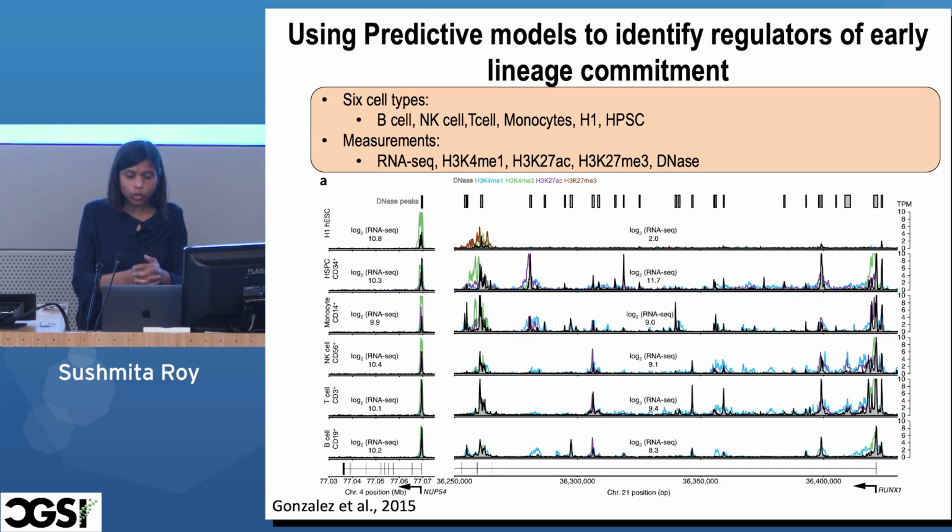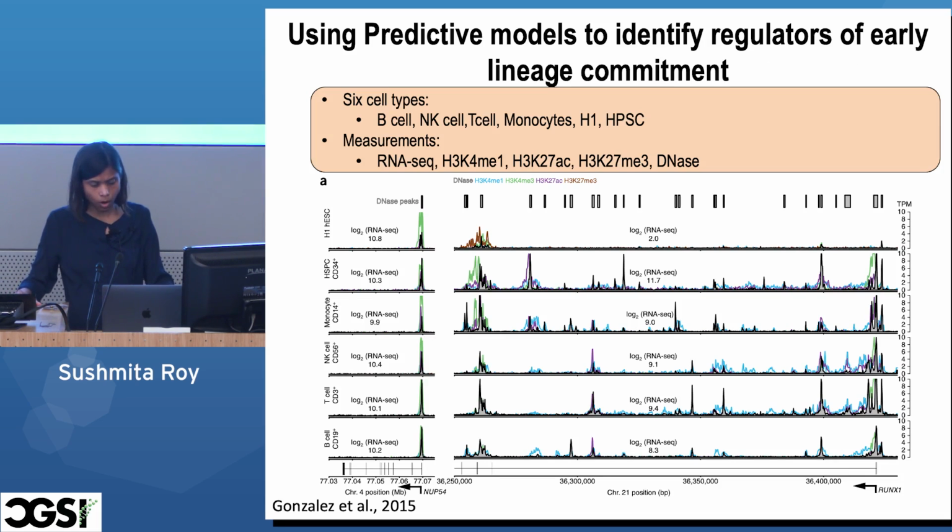So what do these models actually do? I just want to give a snippet of the different types of outputs that you can get from these models. This was a paper from, again, Christina Leslie's group, where they looked at 6 different cell types. These are associated with hematopoiesis, and they measured RNA-seq and different histone modifications, and this is a particular locus where you can see these different assays.